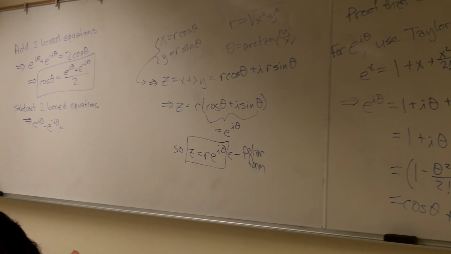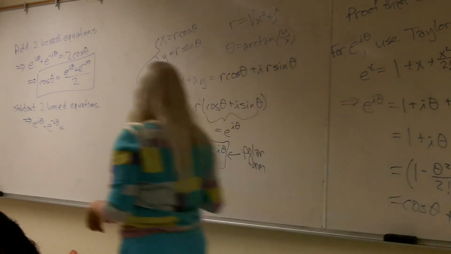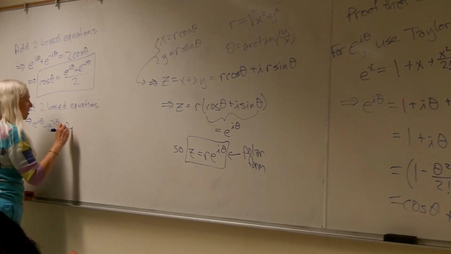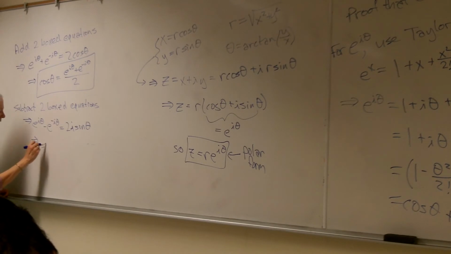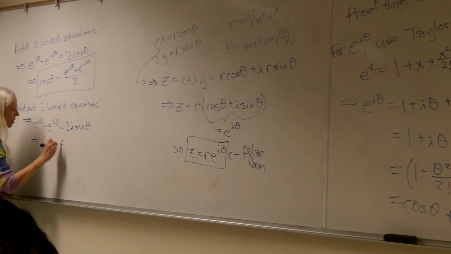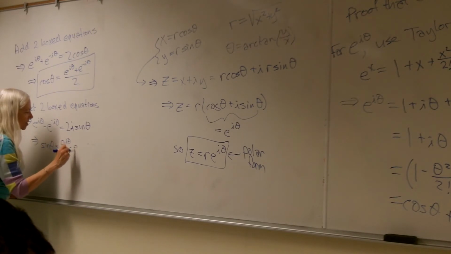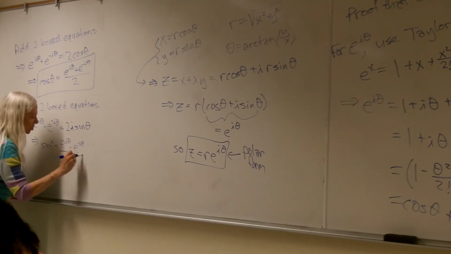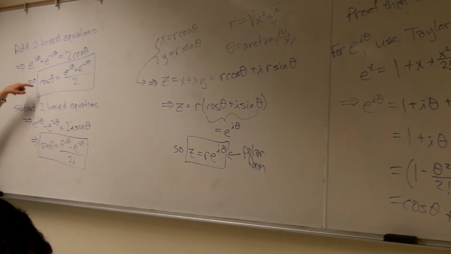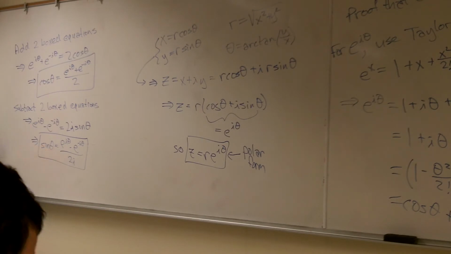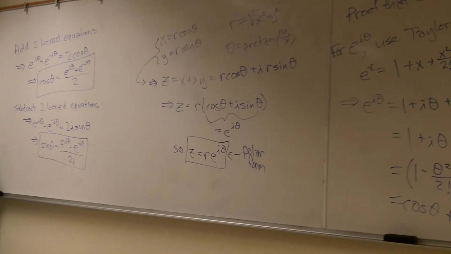Well, i sine theta minus a minus i sine theta, or in other words, 2i sine theta. Or if I divide both sides by 2i, sine theta is e to the i theta minus e to the minus i theta over 2i. Okay? So we have an expression for cosine theta written in terms of complex exponentials, and an expression for sine theta written in terms of complex exponentials.